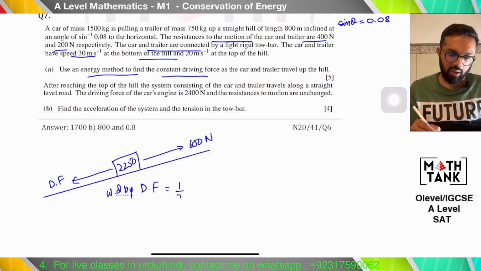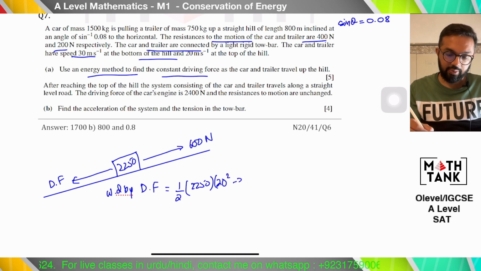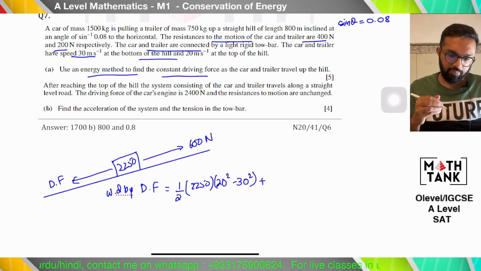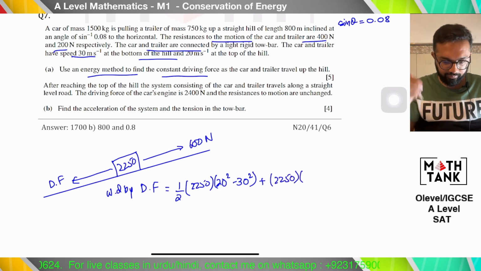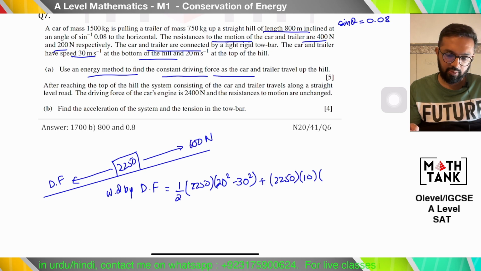equals change in KE, so half m v squared minus u squared, plus change in PE, m g h, where h is 800 sine theta over the 800 meters, plus work done by resistance, which is 600 into 800.